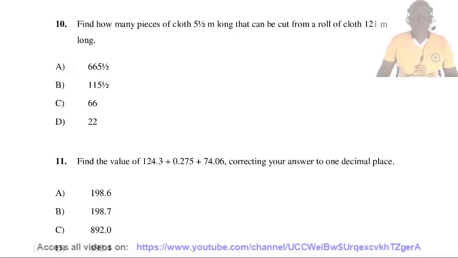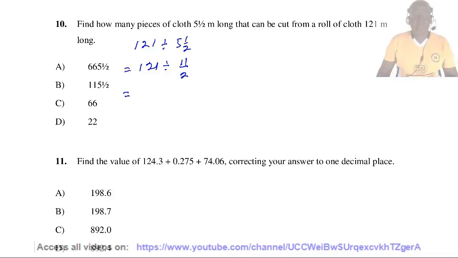Question 10. Find how many pieces of cloth 5.5 meters long that can be cut from a roll of cloth 121 meters long. It is going to be 121 divided by 5.5. This is the same as 121 divided by 11/2.